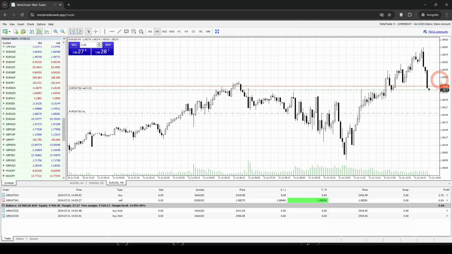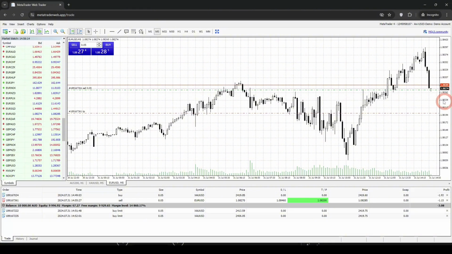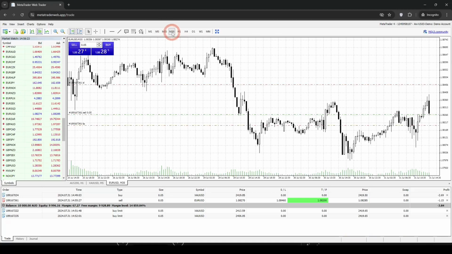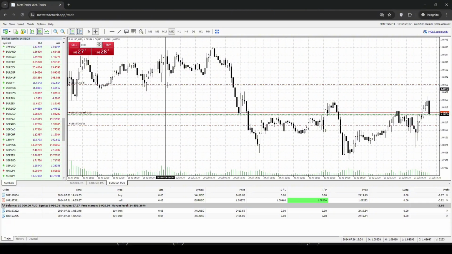Hence, I got my TP and stop loss placed over here. Done. The stop loss is quite far, not so good. But basically, this is my take profit, this is my stop loss.